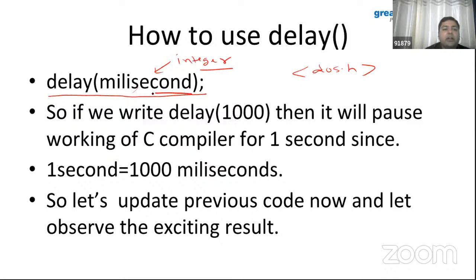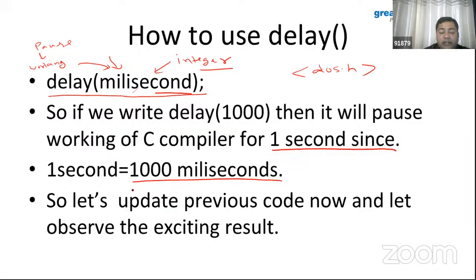Whatever you pass here, it is going to pause the working of the computer for that many milliseconds. So if I want to pause the working of the computer for 1 second, then what do I have to do? I have to pass 1000 milliseconds.